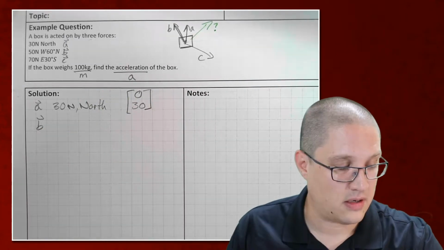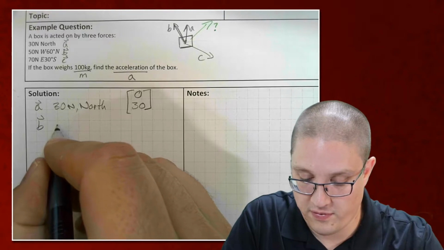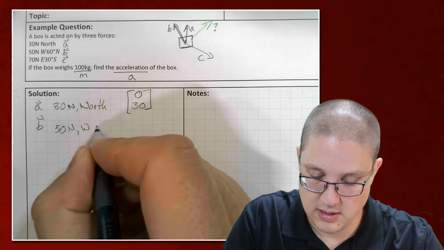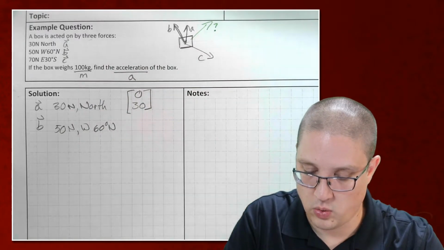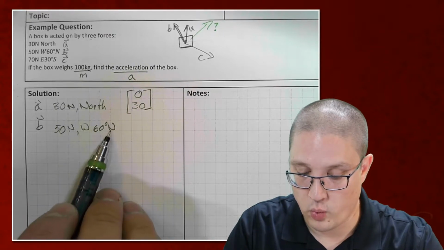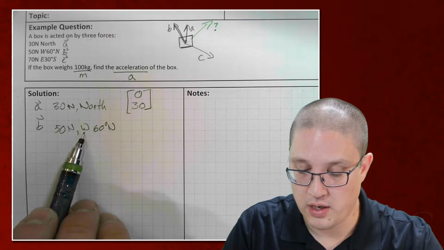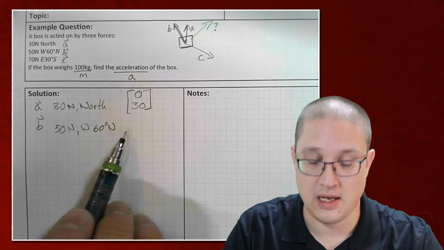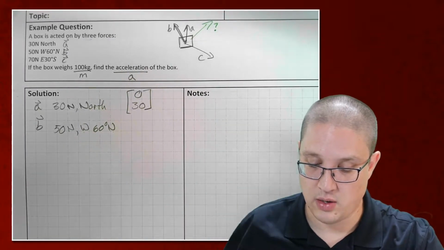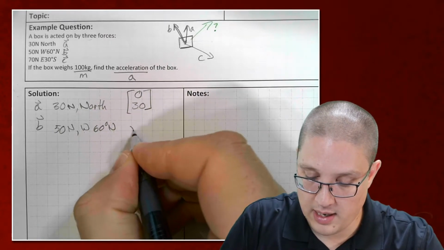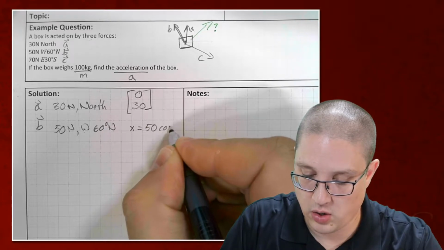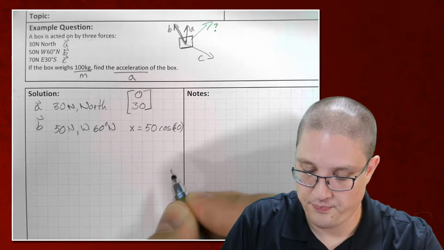My second vector, I have 50 newtons west, 60 degrees towards north. Okay, figuring this out, I am going west and north, so I know that my x component is going to be negative and my y component is going to be positive. So let's break this down right away. My x component is going to be 50 cos 60.